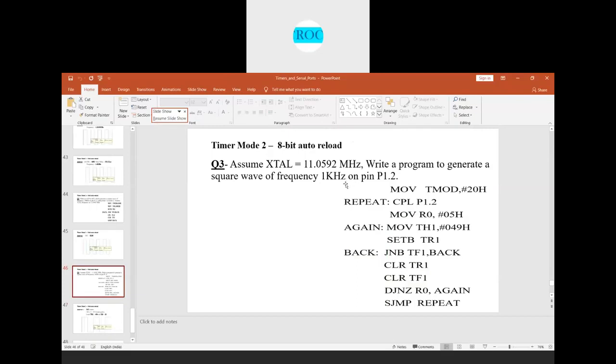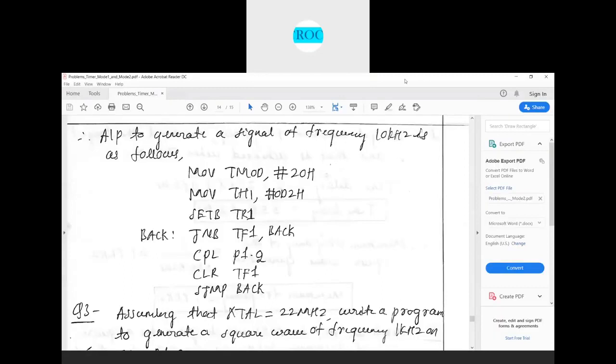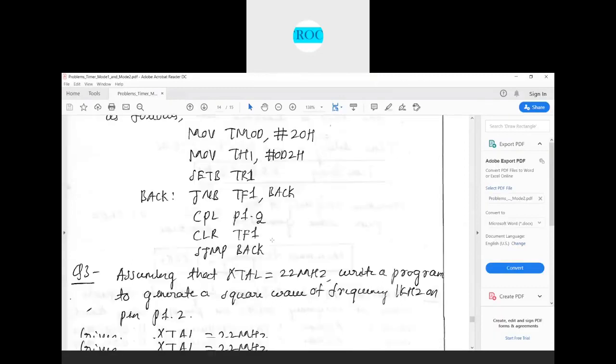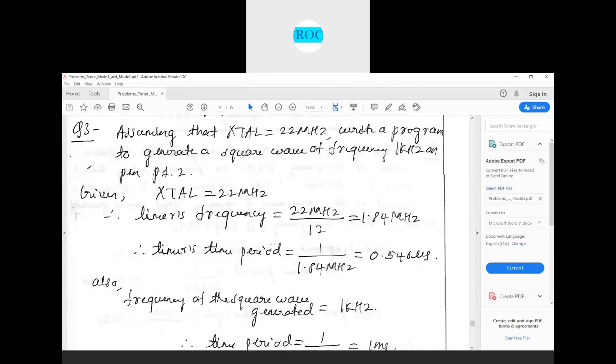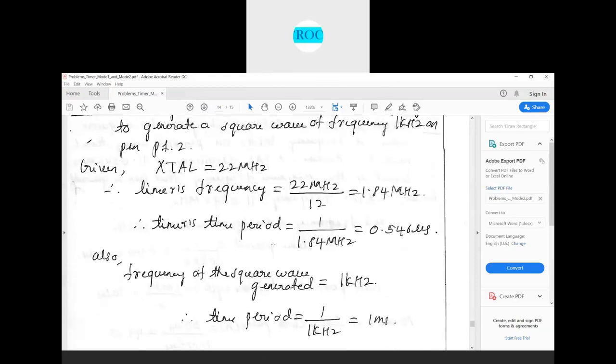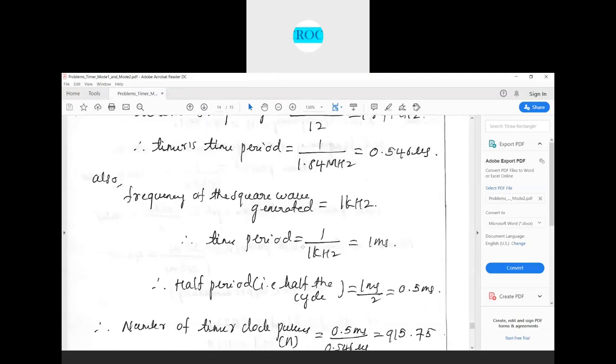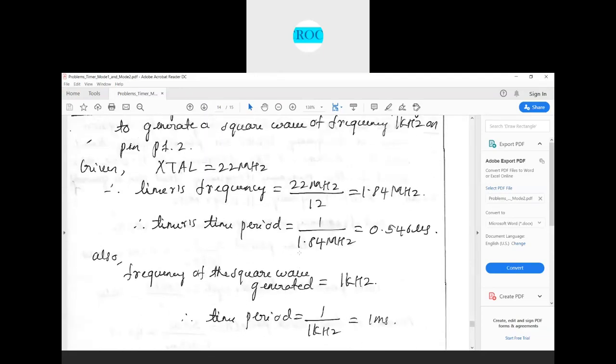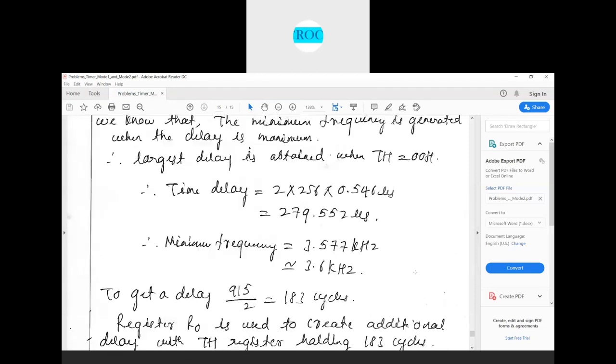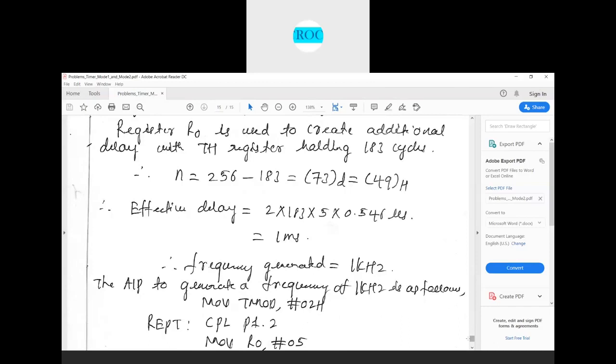Here we need to generate 1 kilohertz. How do you do this one? We know the process of how to find the initial count values. The first crystal frequency you take is 1.84 megahertz, we know. Where is that one? We'll go to problem number 8.